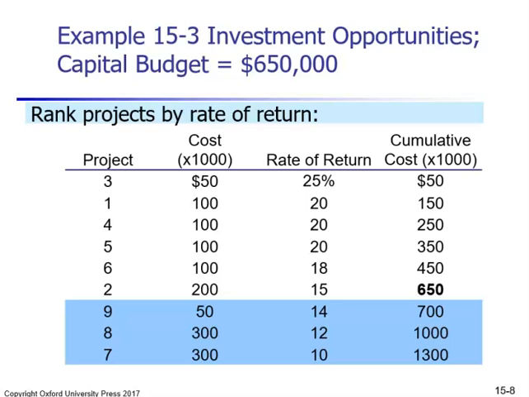So the capital budget that we have is $650,000. So we want to see how we should assign this $650,000 to different options that we have. So the first thing you are going to do, you are going to rank all the available projects according to the rate of return, as you can see here.